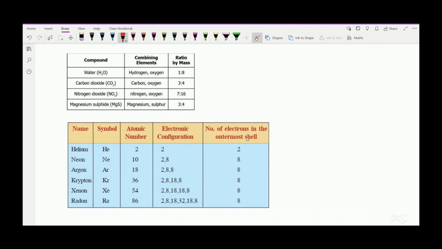Okay, so helium, which has 2 outer shell electrons, is called a duplet electron arrangement.